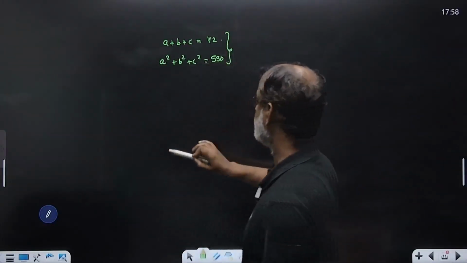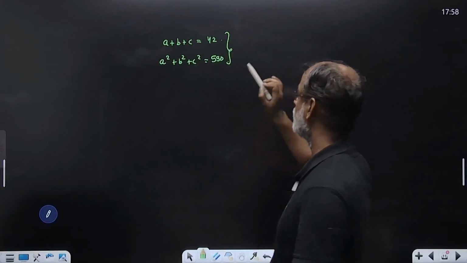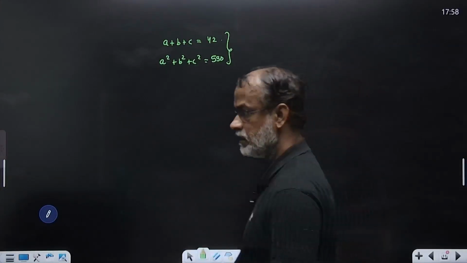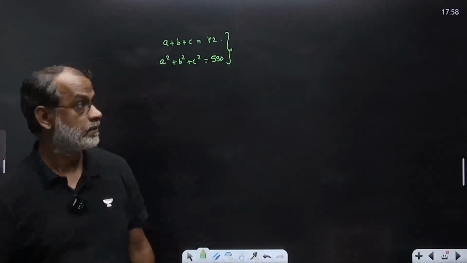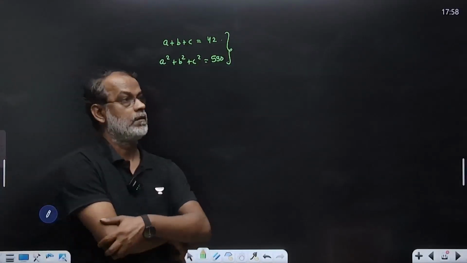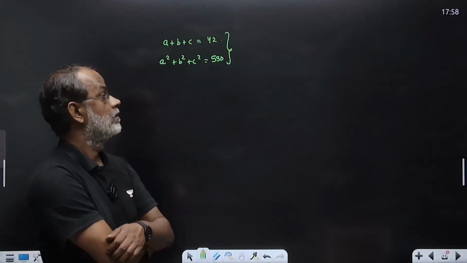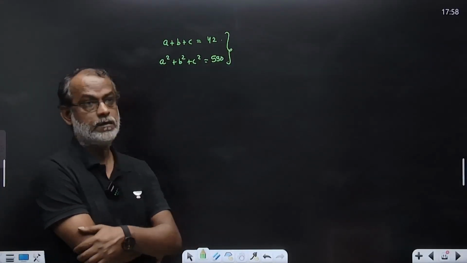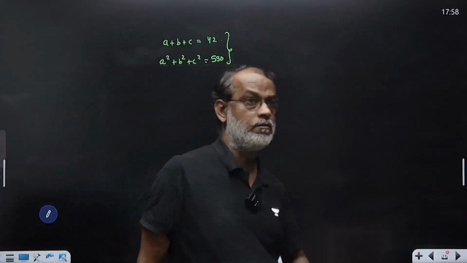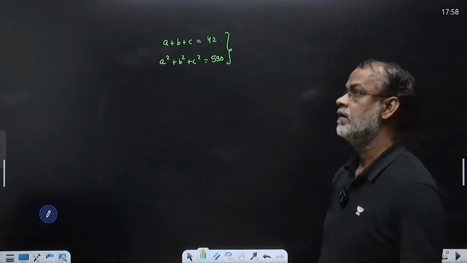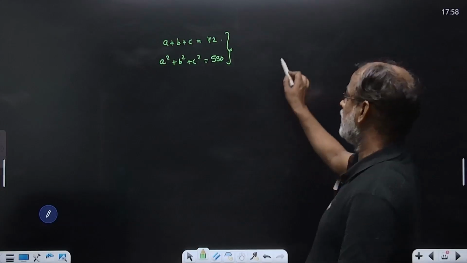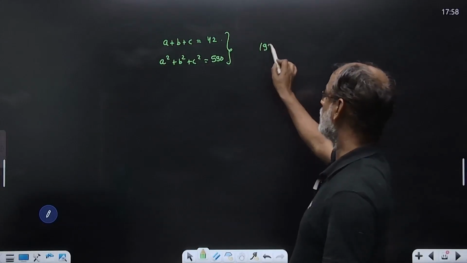So from here we can say 42 into 42. So 42 square is 1604 plus 320, 1604 plus 320 is 1924. Okay.